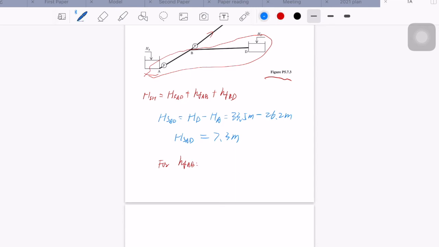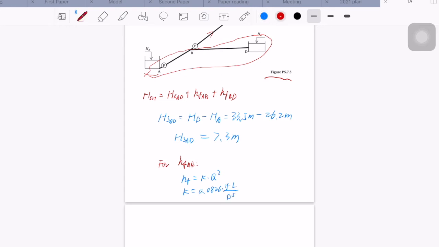similar to the previous problems, we know HF equals K times Q square, and in the international unit system, K equals 0.0826 times F times L over D to the power 5.